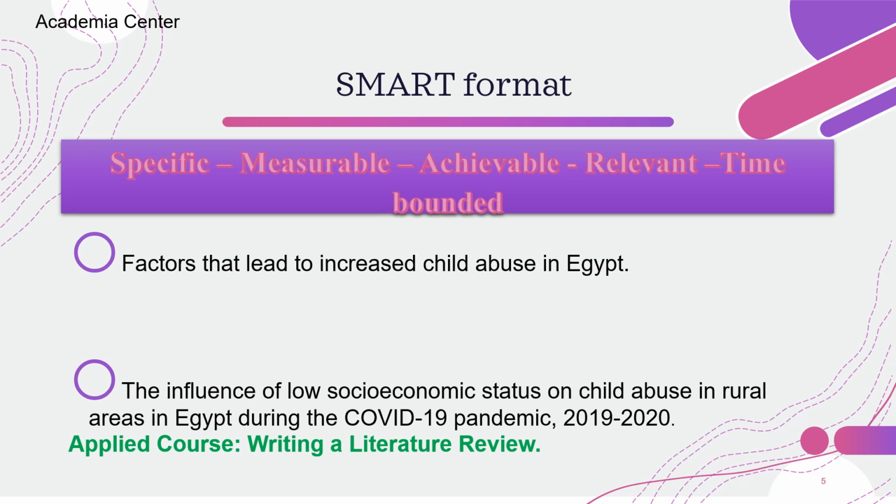So we can discuss something else, or maybe you really noticed in a cross-sectional study in the course that there is a rise in child abuse in Egypt, and this may alert you, and you should examine this problem. So the relevancy to your people or to the global level is important as well.